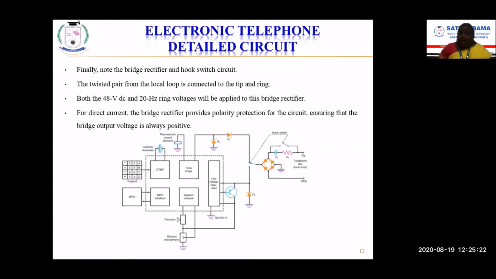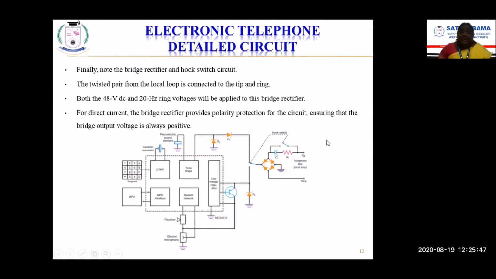Both the 48 volt DC coming from the local loop and the ringing voltage of 20 hertz, which is received when a call is being received from the telephone exchange via the local loop, are applied to the bridge rectifier circuit. That will be connected to the tone ringer circuit, and we will be able to hear the ringing sound.